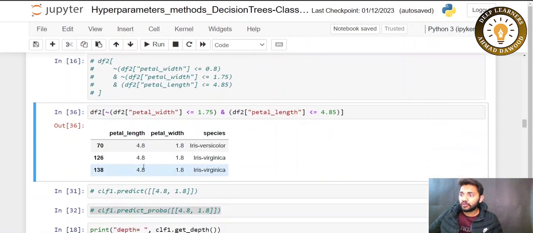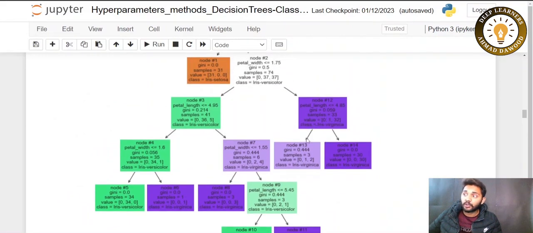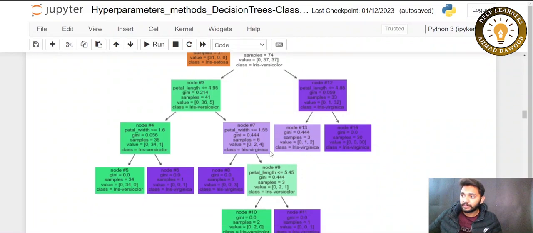When I run this, you can see there are three data points, and in each feature the values are the same. Petal length has the same values and petal width has the same values, so there is no valid partition available. If there were at least two different values, it could pick the midpoint of them in some feature as a valid partition, but there is none here, so that's why the default algorithm has not split that node further.